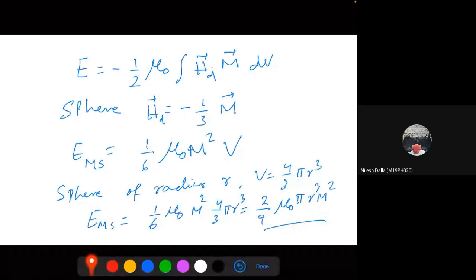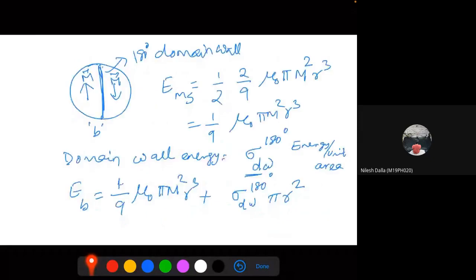And since you have a domain wall as well, that will also cost some more energy. The domain wall energy, if it is a 180-degree domain wall, is given by this much.